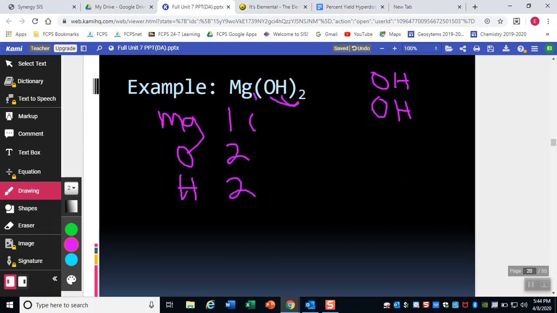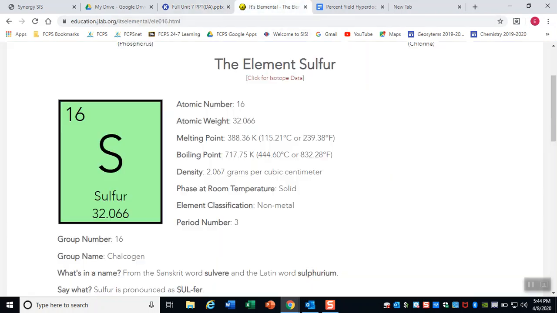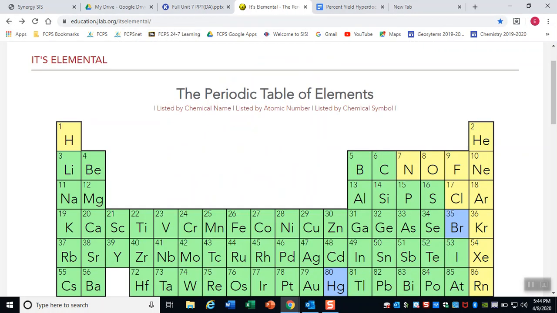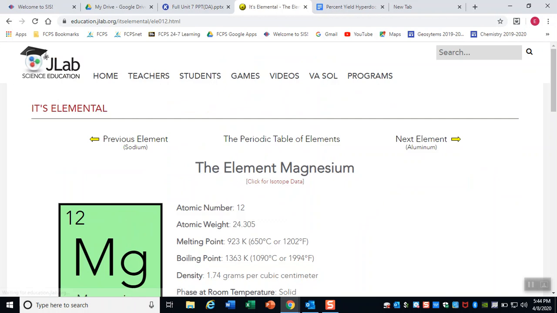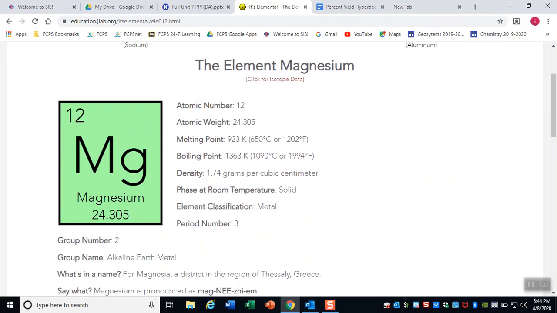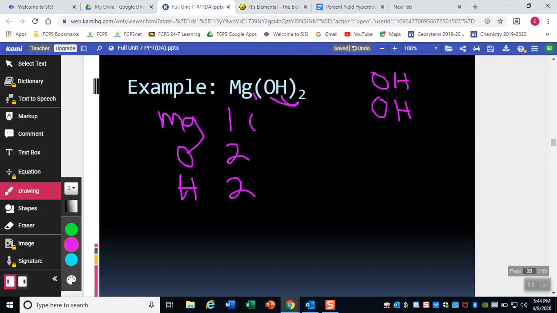And the mass of my magnesium, on my periodic table, I'm going to round to 24. So 24 for magnesium. Oxygen, I remember, is 16.